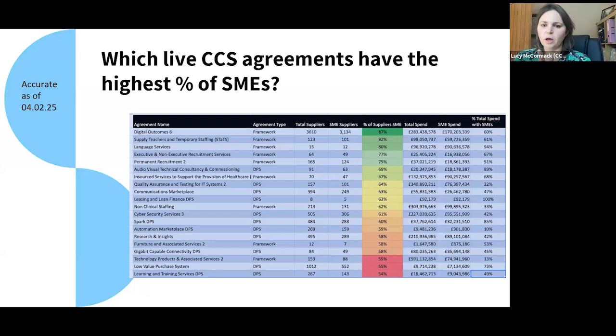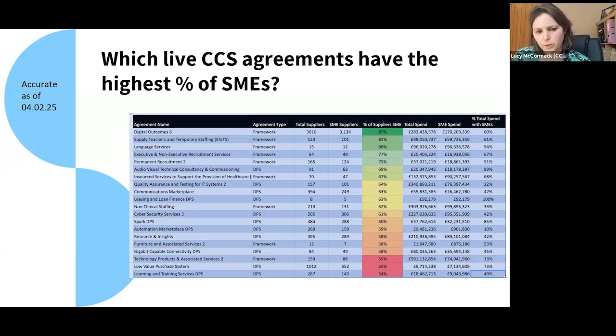So I just wanted to give you a snapshot. When Jack and I were considering what I would cover within this particular webinar, he and I thought this was particularly interesting. I wanted to show which live CCS agreements have the highest percentage of SMEs on them. And you can see that there's a variety of frameworks and dynamic purchasing systems.